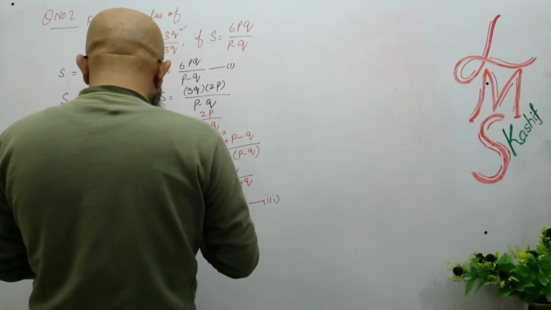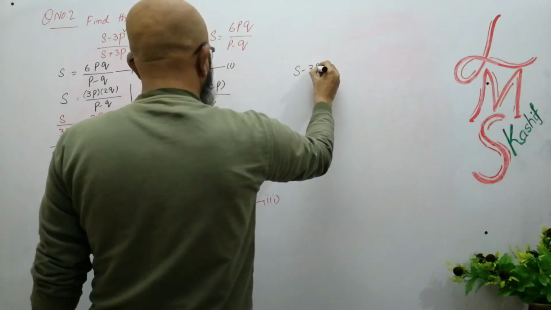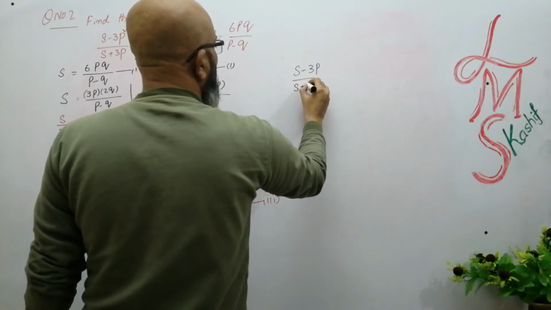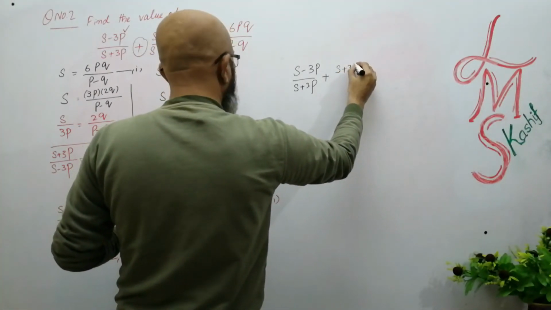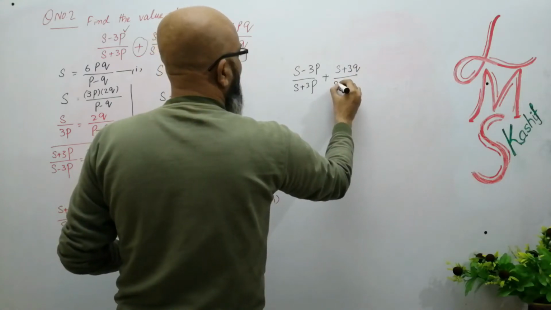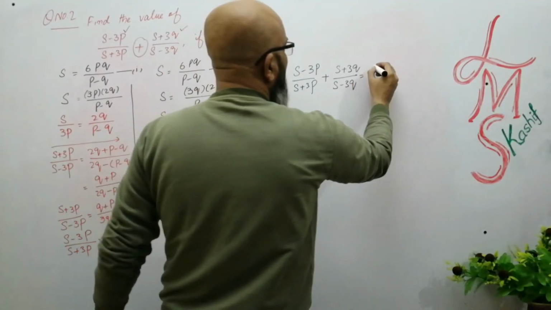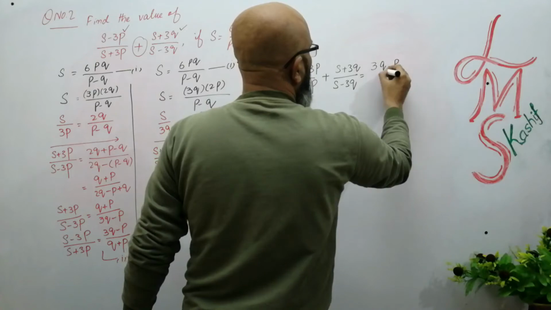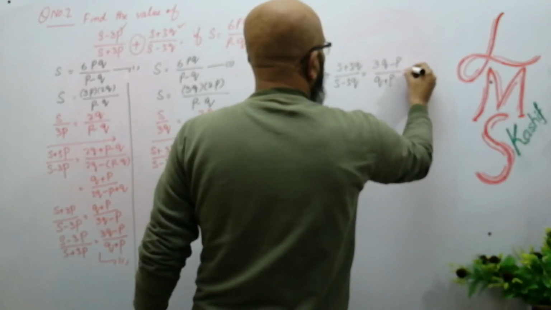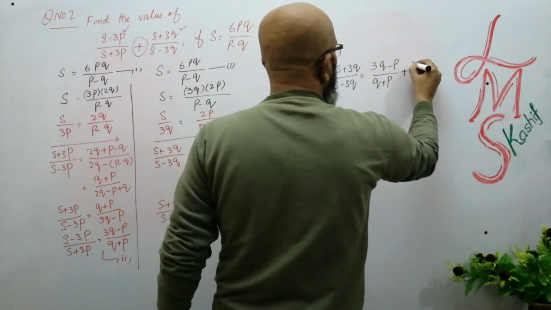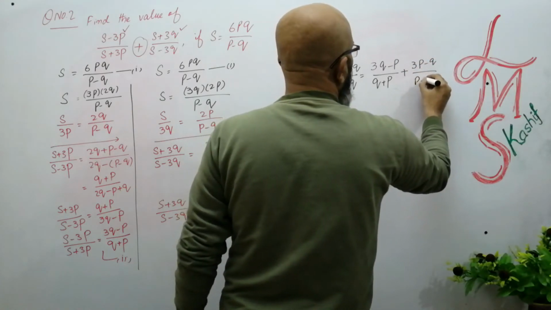Means S minus 3p over S plus 3p plus S plus 3q over S minus 3q is equal to what we get here, 3q minus p over q plus p plus 3p minus q over p plus q.